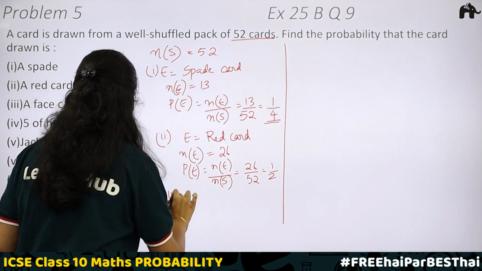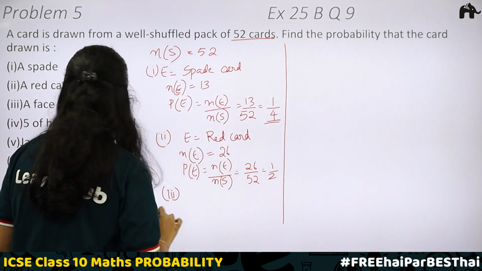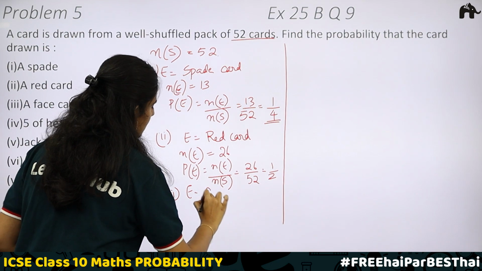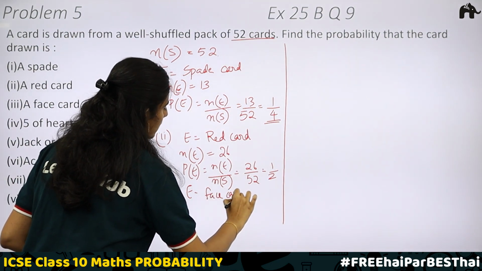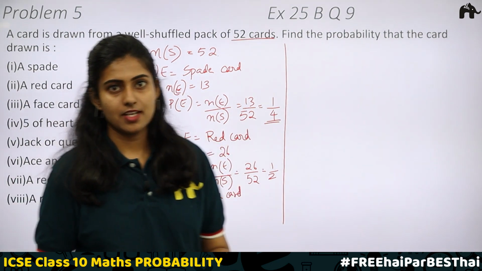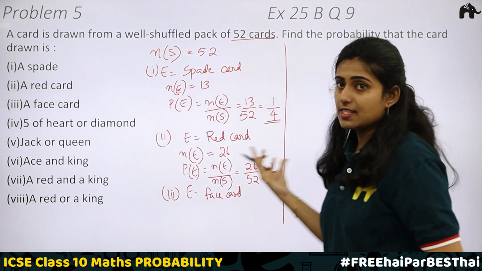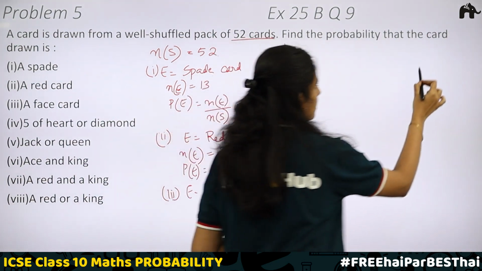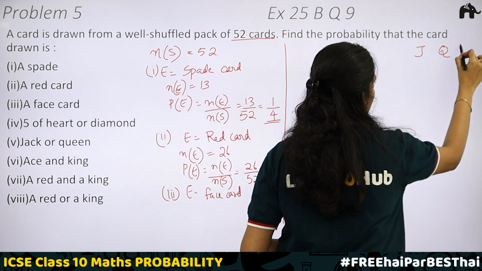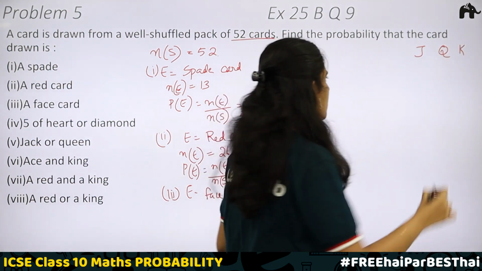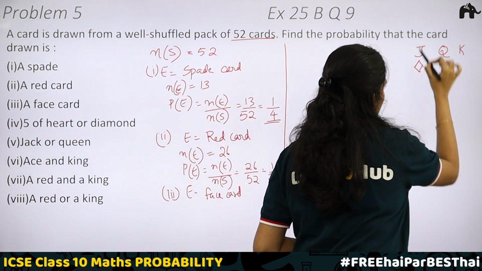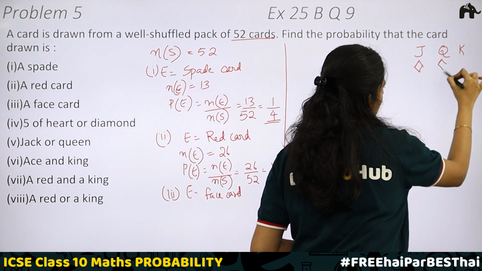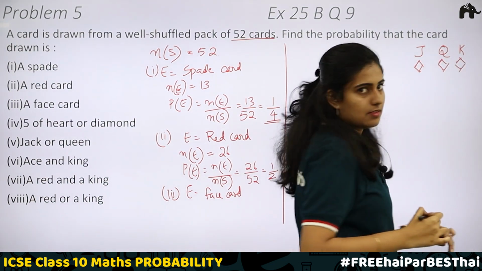Now the third one, a face card. The event is getting a face card. How many face cards do we have? Which are the face cards? Jack, queen and king. So jack of diamonds, queen of diamonds, king of diamonds.